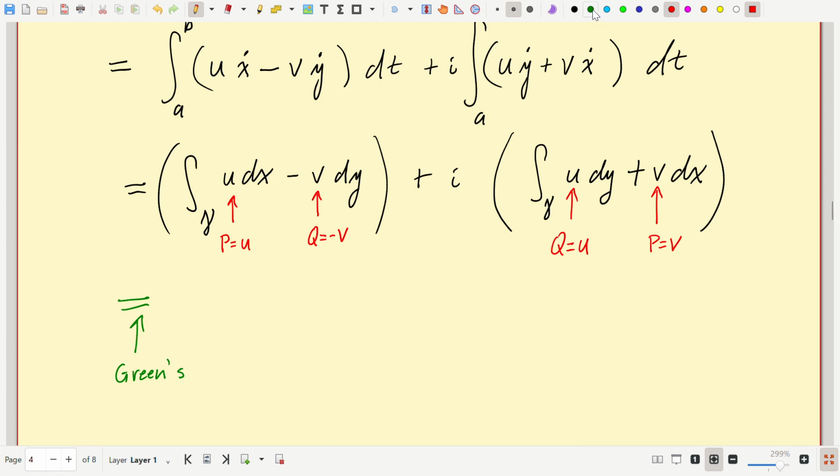So when I use Green's theorem, it's going to be an integral over the inside of d by dy of the q, which is minus v, minus d by dx of u, the area.